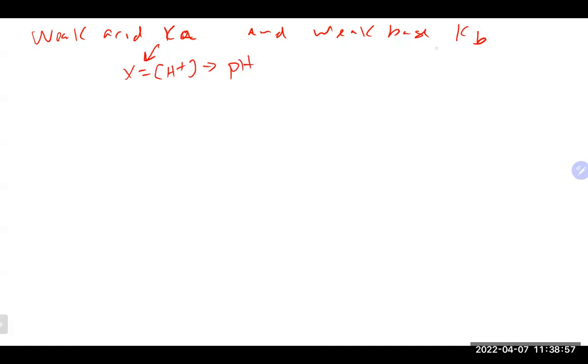In the case of the Kb, if you write the equation correctly, which hopefully we should be doing, you will have hydroxide there in your ice table, which means when you solve for X, that is actually the hydroxide concentration, which means you do have to go to pOH first and then to the pH in terms of that. We could do our normal assumptions and all those kinds of things, and we could get to our pH.